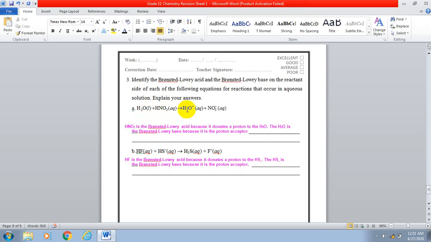yields H3O plus and NO3 minus. The A option says HNO3 is the Bronsted-Lowry acid because it donates a proton to the H2O. The H2O is the Bronsted-Lowry base because it is the proton acceptor.